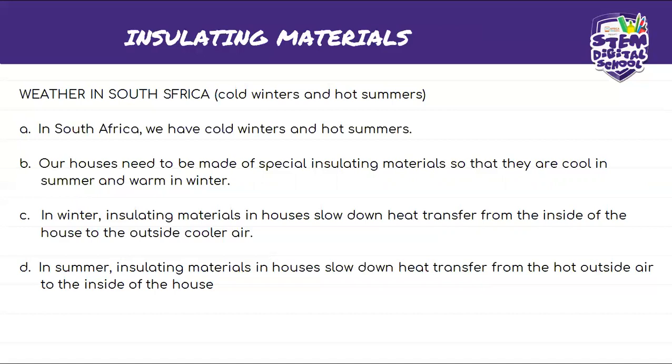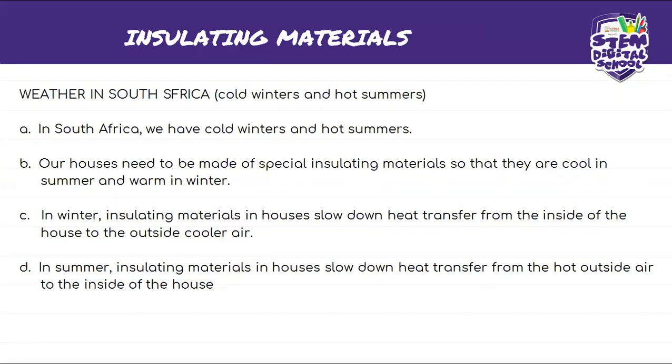So in South Africa, we have cold winters and hot summers. Our houses need to be made of special insulating material so that they are warm in winter and cool in summer.